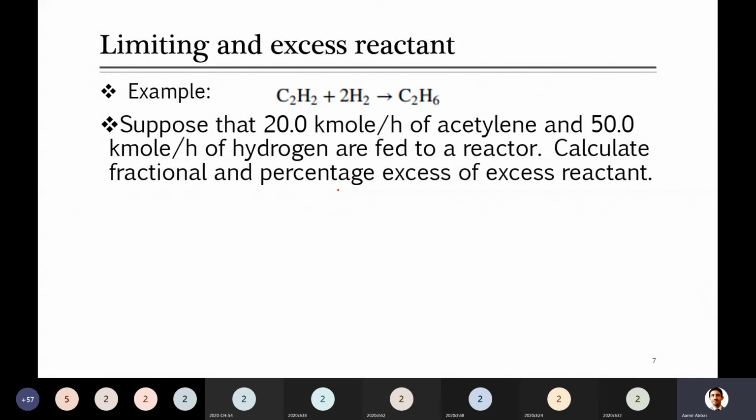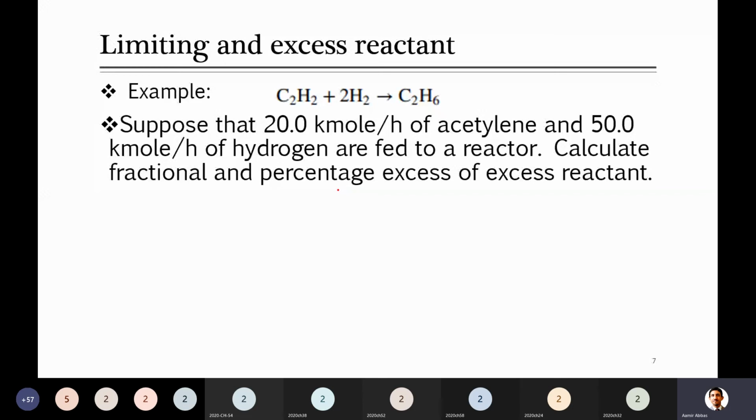Yes, but you should mention the components: 1 mole of C2H2 versus 2 moles of hydrogen. So now just compare it with the given values. Acetylene is 20 and hydrogen is 50.